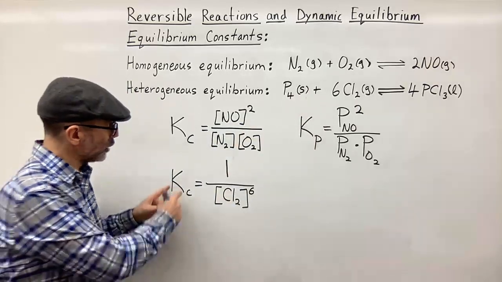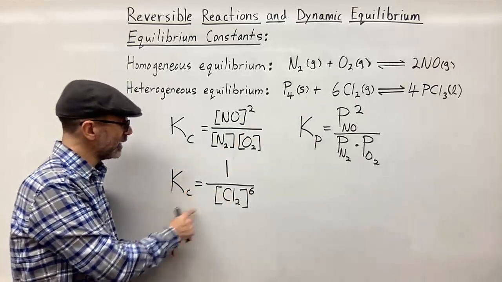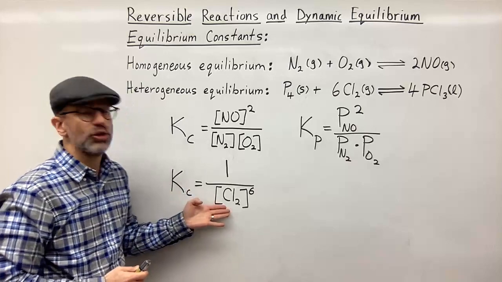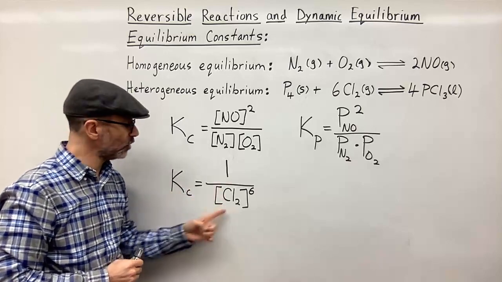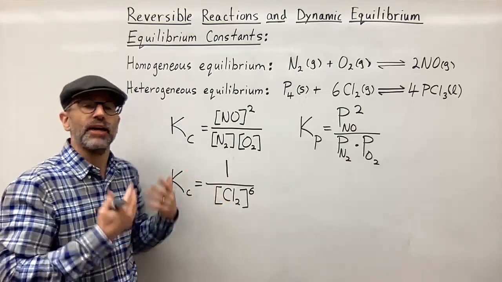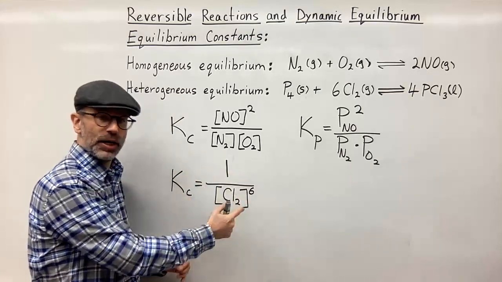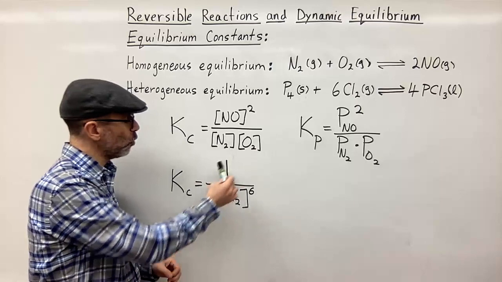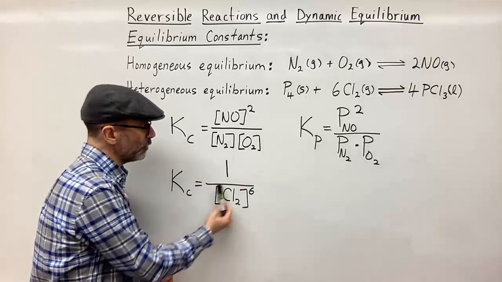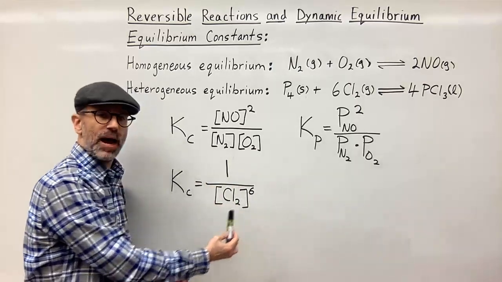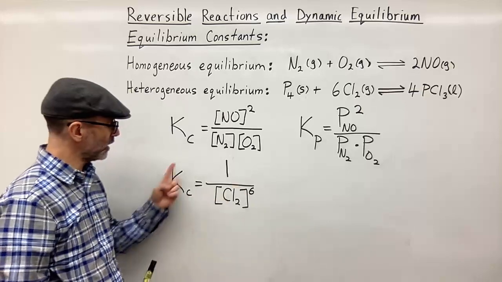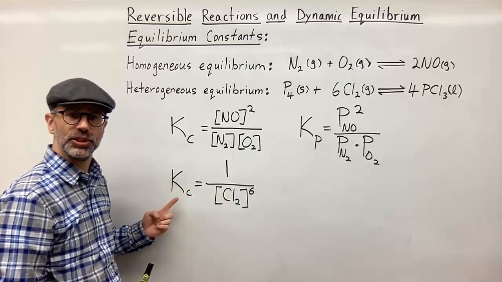Now, I could calculate the K value here if I knew the concentration of Cl2 at equilibrium. If they give that to me, I would just plug this into the expression, take number 1 divided by whatever that value is, raised to the 6th power, calculate that, and I would get my K expression.